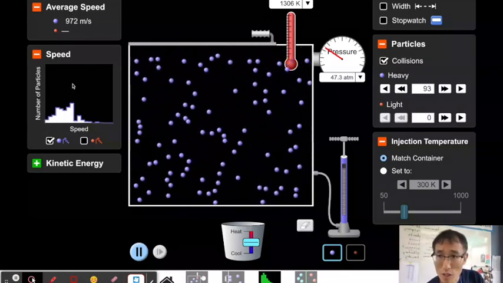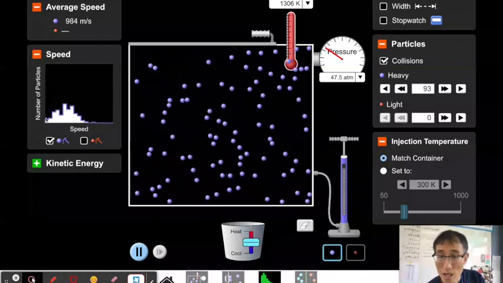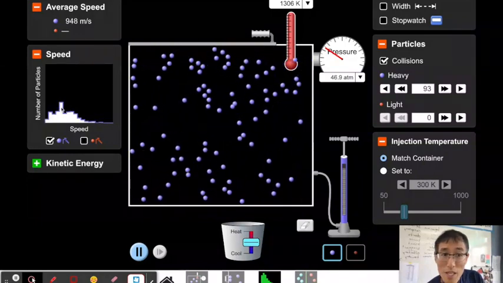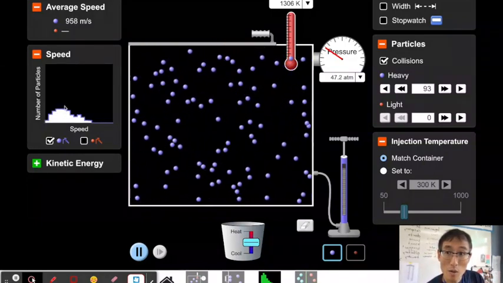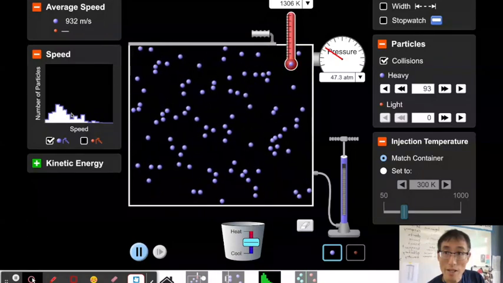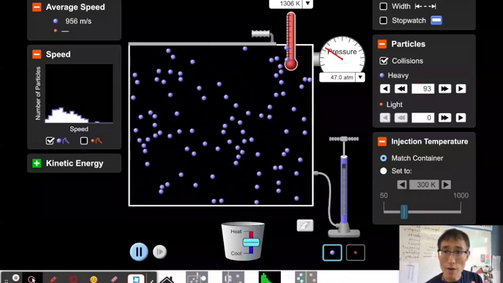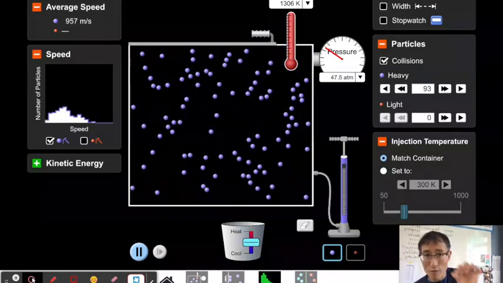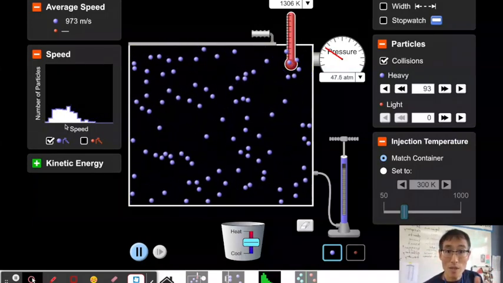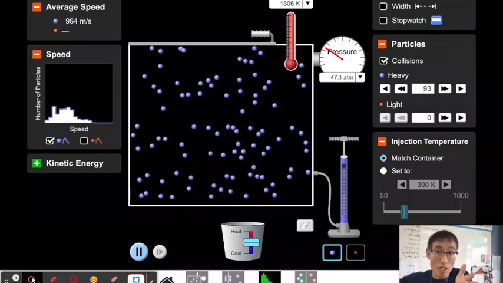If I look at this right here now, there are not as many particles here, and the peak is not as high, but it's more spread out over the range of speeds. The area under the graph, all the little tick marks that you're counting for the distribution, the number is the same. The area under the graph is the same, but it's now spread out more as you heat it up.